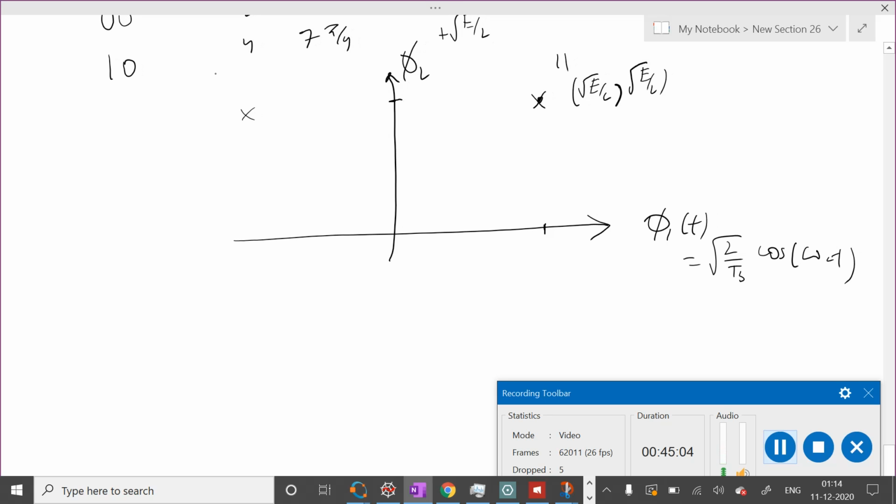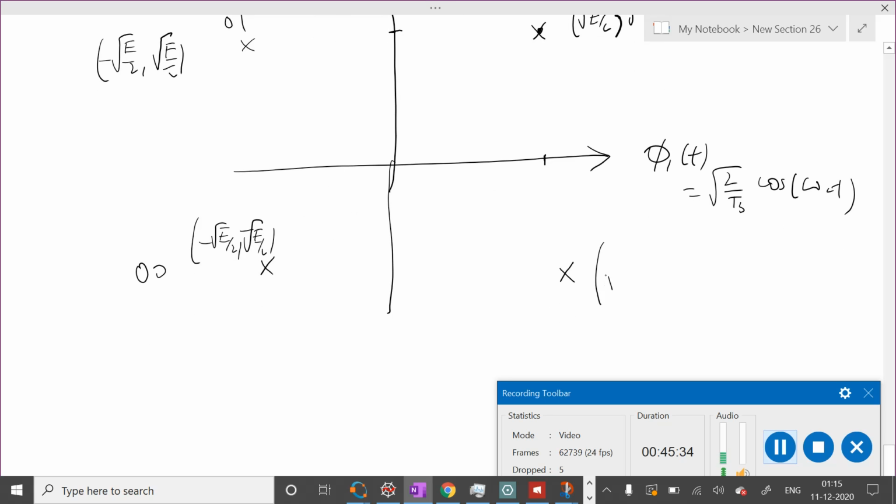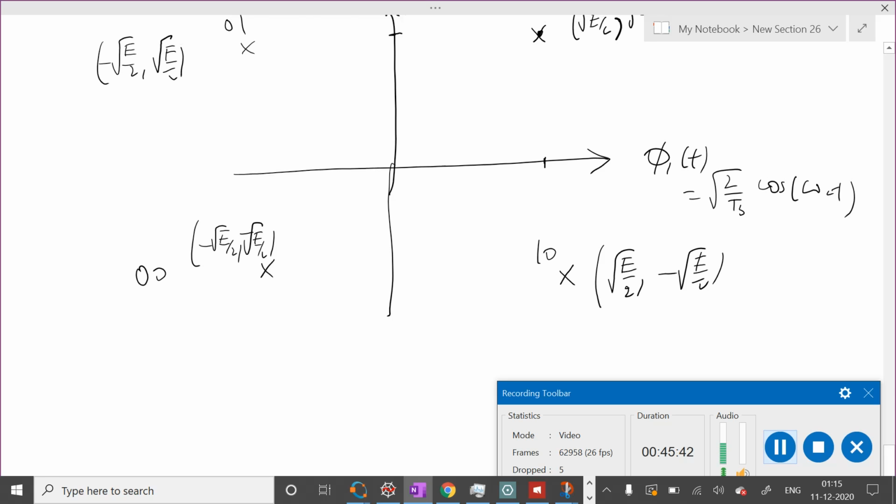Similarly, this point is minus root E by 2 and root E by 2. So this is 0 1. Similarly, this point, at the phase of 5 pi by 4, is minus root E by 2, minus root E by 2. This is 0 0. Similarly, this is root E by 2, minus root E by 2. This is 1 0.